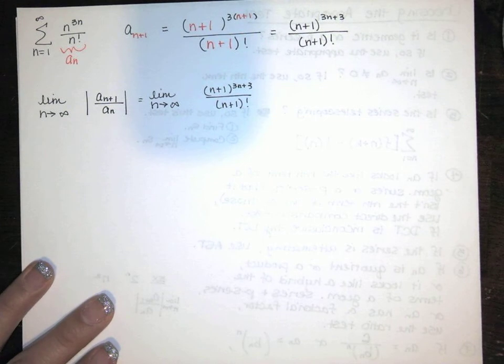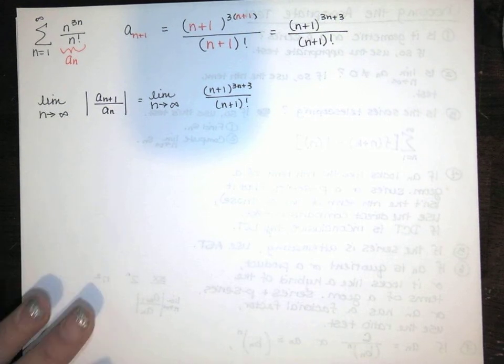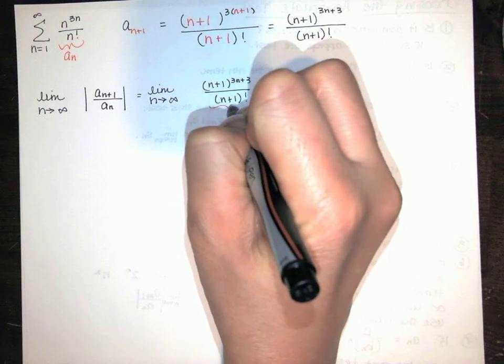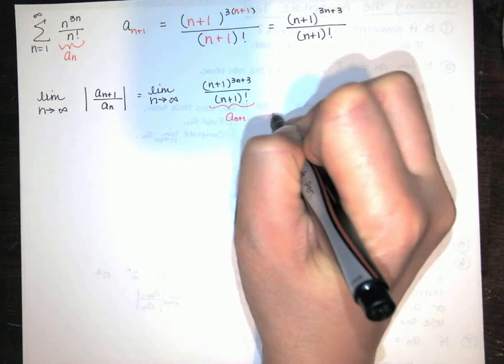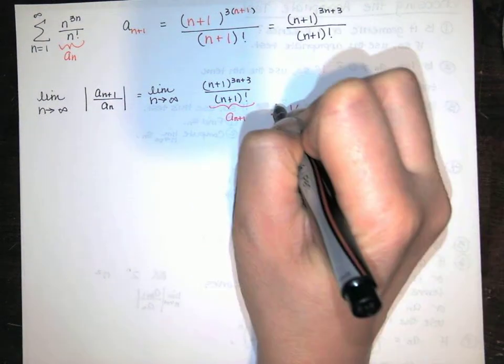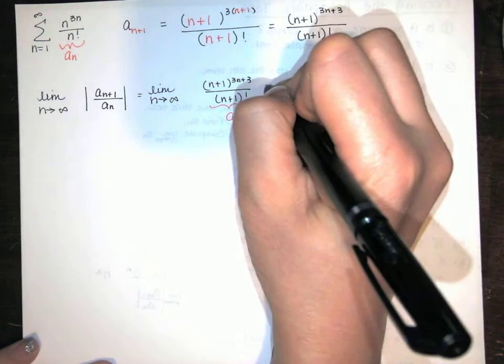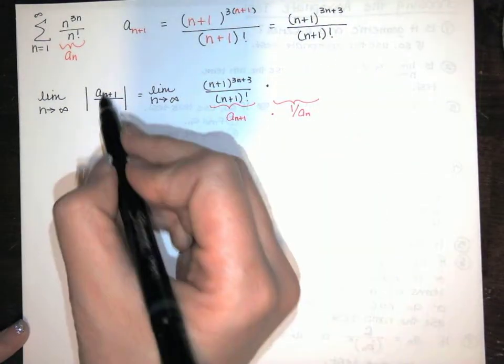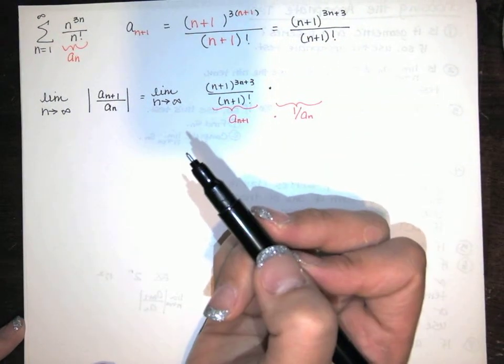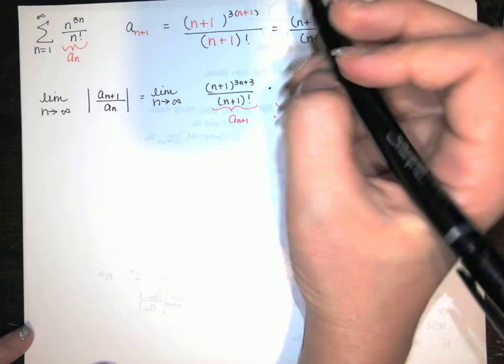Absolute value of a positive number is just itself. So I can just write down a sub n plus 1 here, and then the reciprocal of a sub n over here, and then we'll multiply, because dividing by a fraction is multiplying by the reciprocal. So we take this guy, we flip it and multiply.